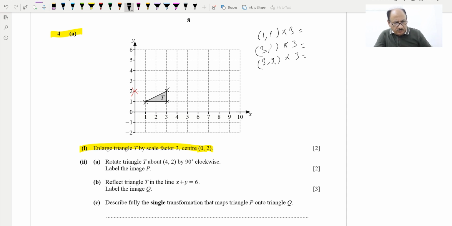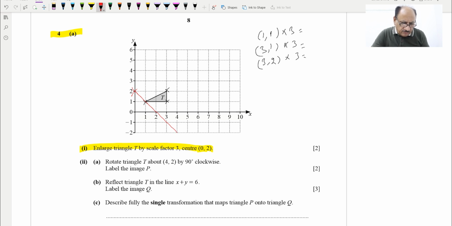Instead, if you draw a straight line like this, it will be over here, and next, if I draw more accurately, it will be like this one here.